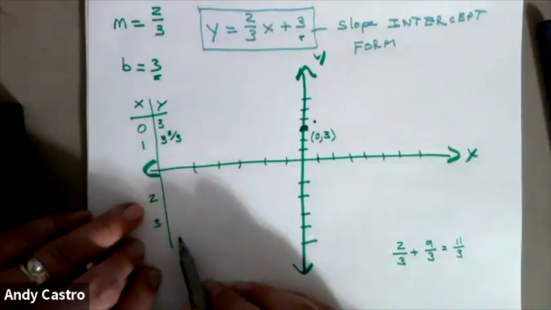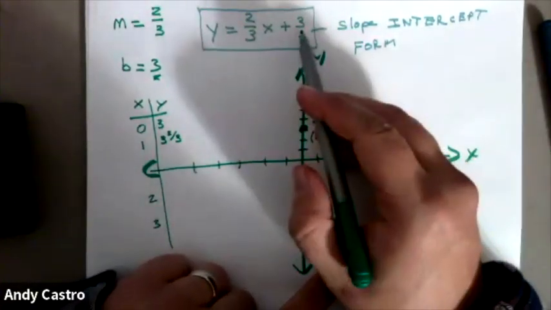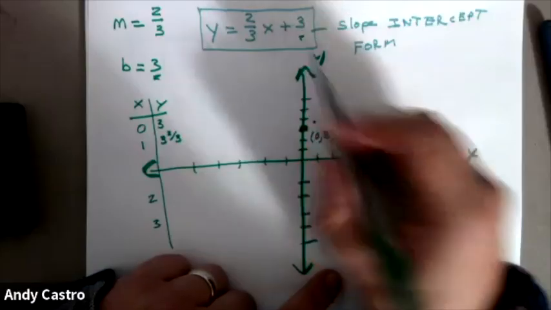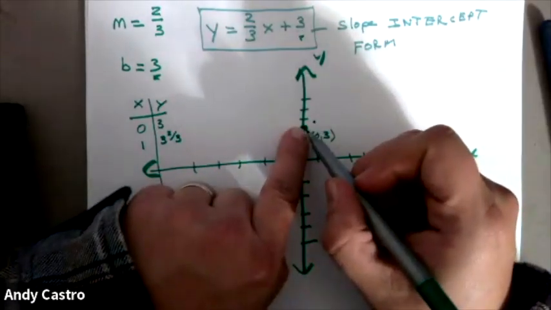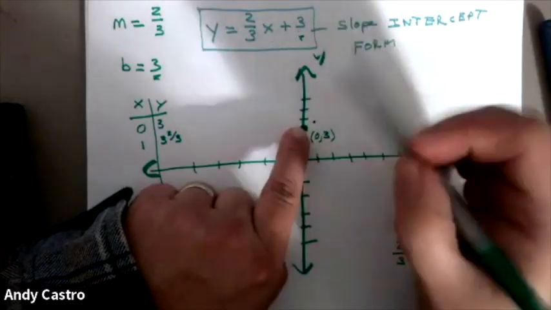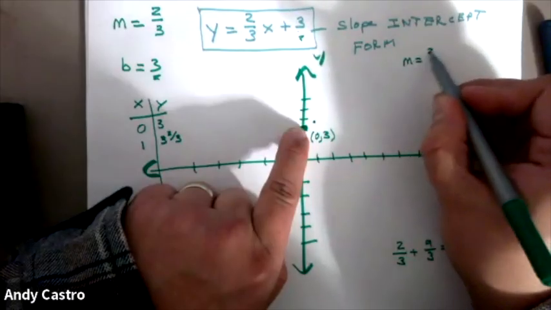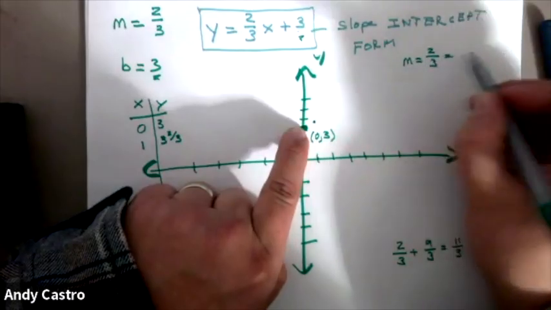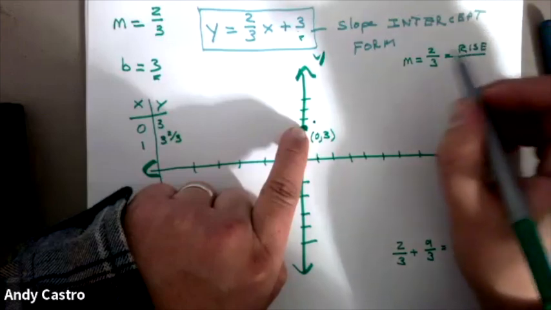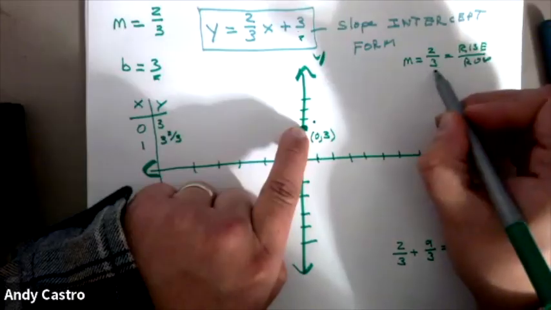Okay. But the other way to do it is we already know we start at 3 on the y-axis because of the y-intercept. Then from here, since we know the slope is 2/3, which means my rise from a point is 2, and my run from a point is 3.